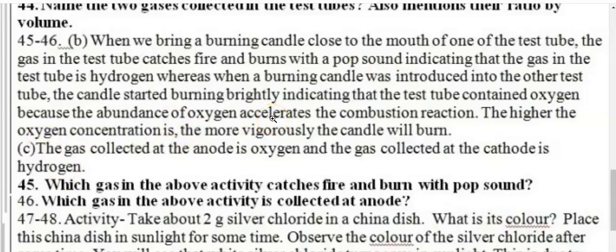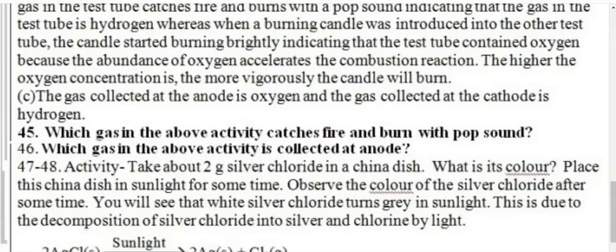So when you bring something burning, what we find is that it burns vigorously. So the higher the oxygen concentration, the more vigorously the candle will burn. That shows that oxygen is helpful in burning, while hydrogen burns itself. So, very important: the gas collected at the anode is oxygen, and the gas collected at the cathode is hydrogen.